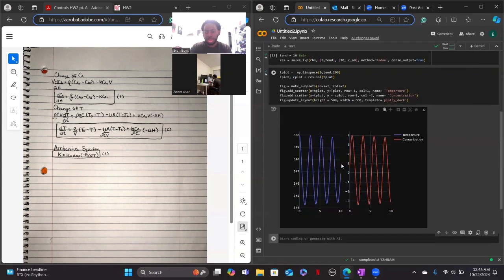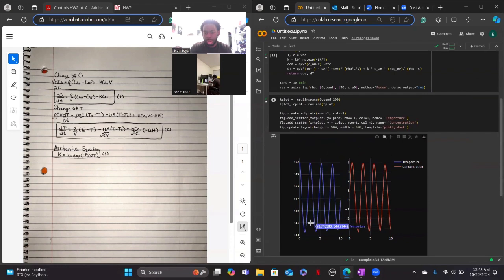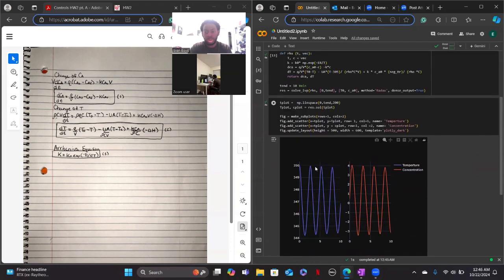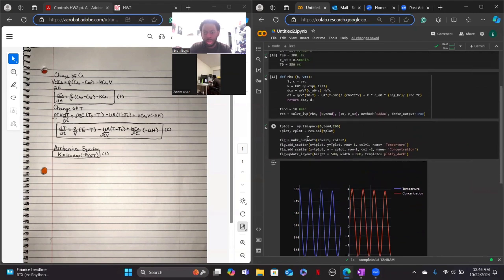Well, okay. The oscillations are good, but I don't think this is particularly right. Yeah, I think this is oscillating way too much. It shouldn't be going back up to 350 and coming back down. It should be kind of in the middle. It probably has to do with my equation then.